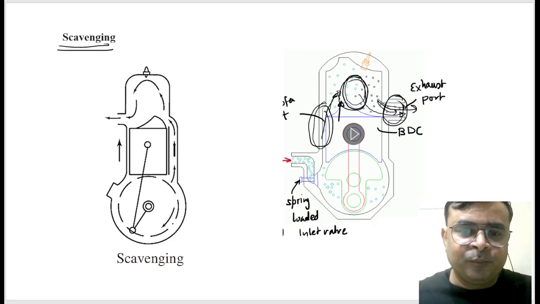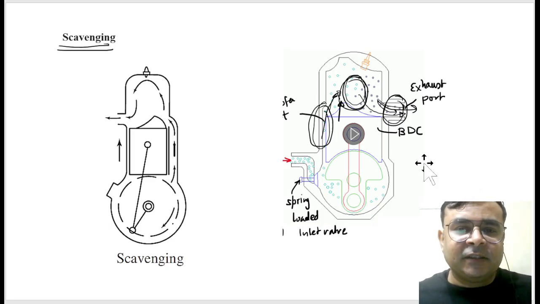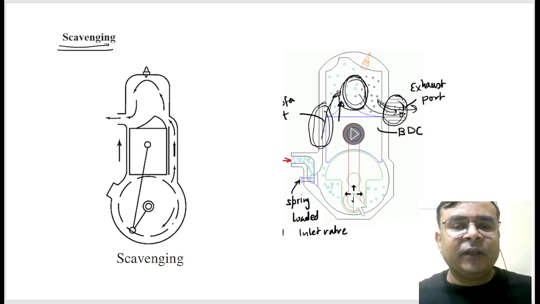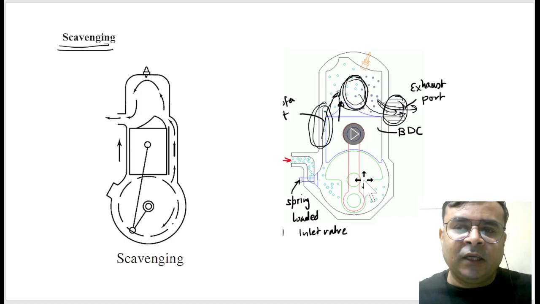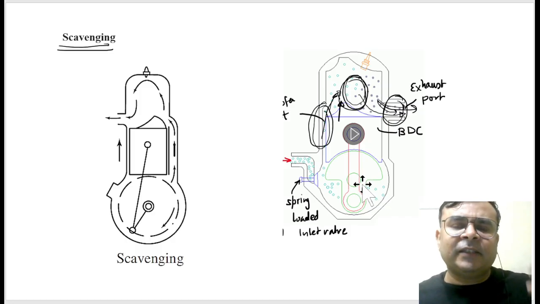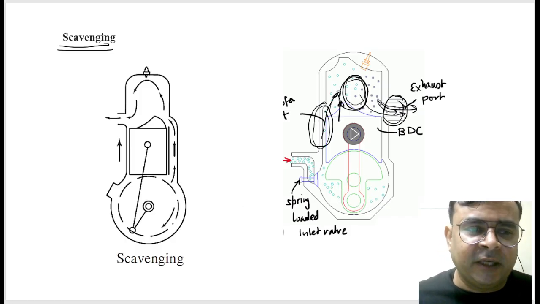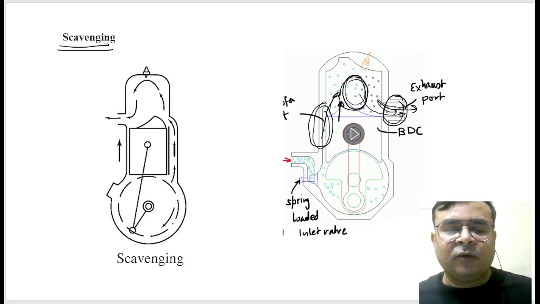Is it right? That oil is continuously consumed. But in a four-stroke engine, since the fuel cannot mix with the lubricating oil, a smaller amount of lubricating oil is required, and frequent filling is not required.